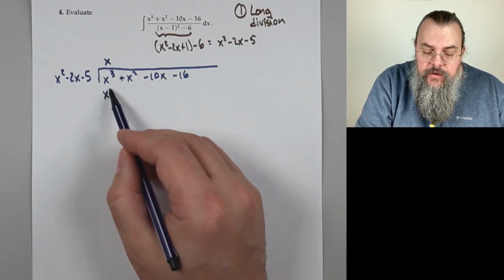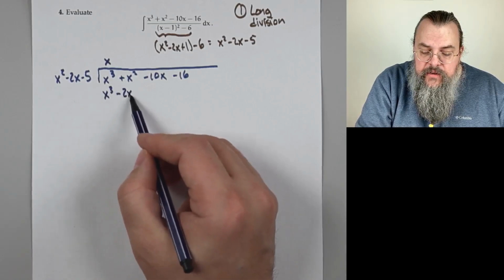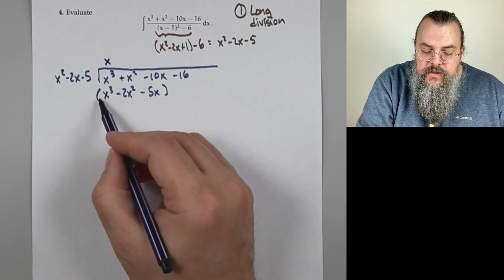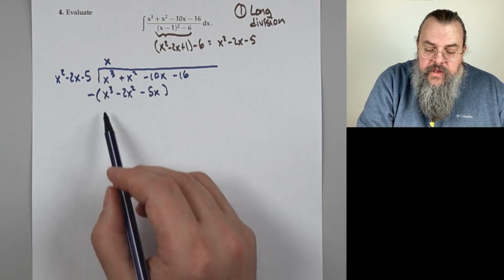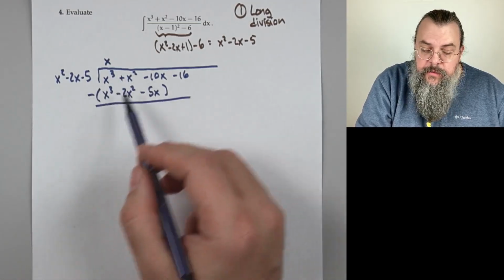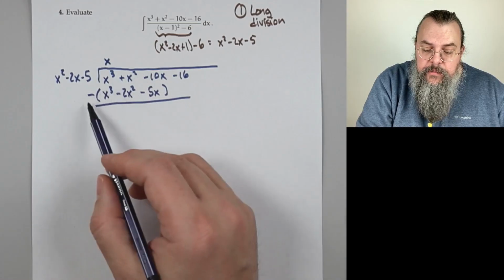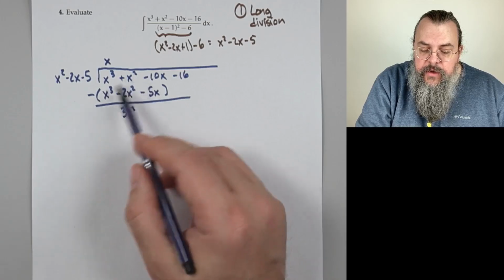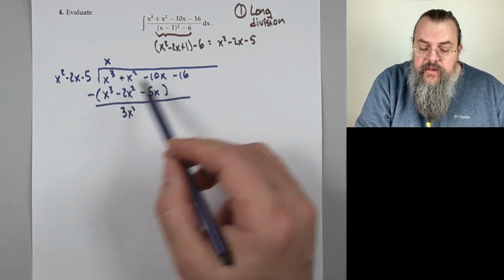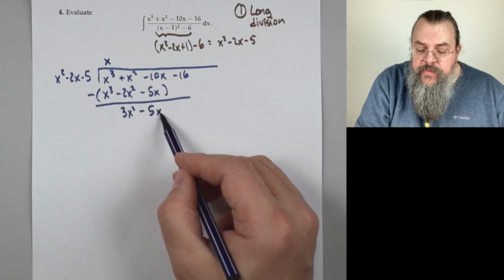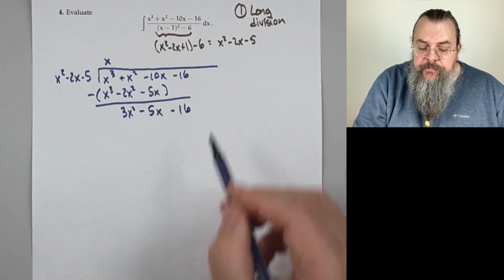That'd be x cubed, subtract 2x squared, subtract 5x, and we're going to subtract that off. So we don't have to worry about the x cubes. That's been accounted for. x squared minus minus 2x squared makes 3x squared, minus 10x minus minus 5x, that's minus 5x, and minus 16.